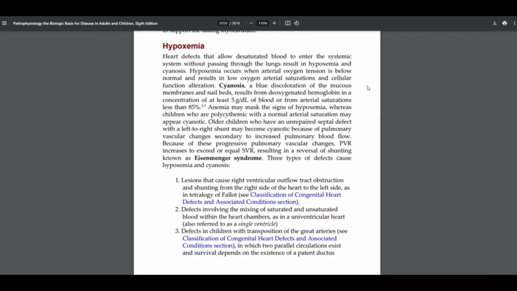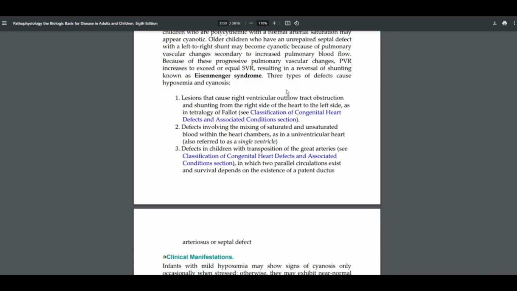Because of these progressive pulmonary vascular changes, PVR increases to exceed or equal SVR, resulting in a reversal of shunting known as Eisenmenger's syndrome.